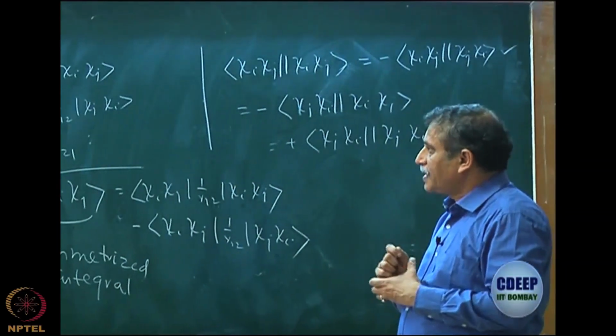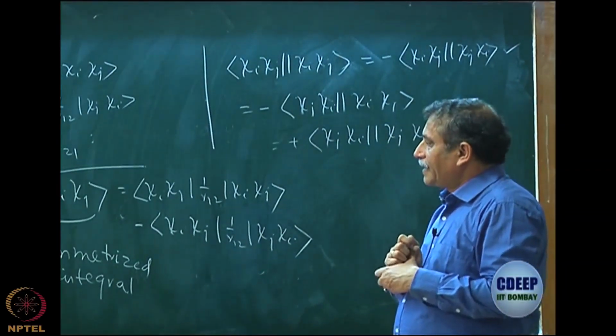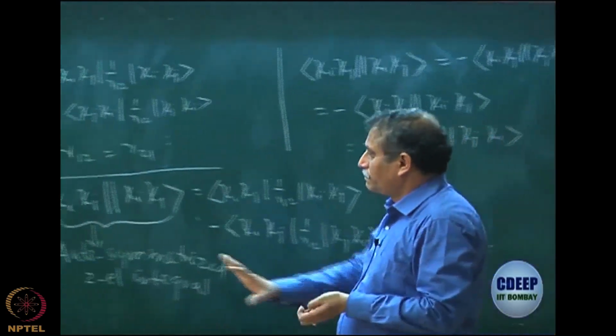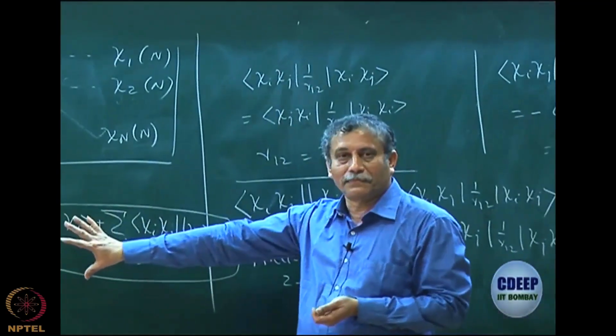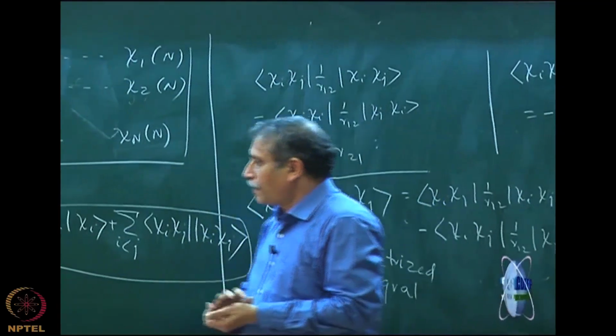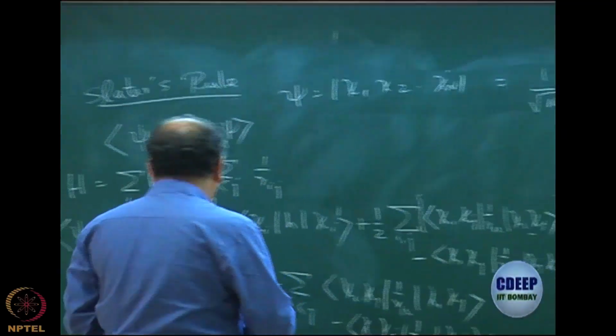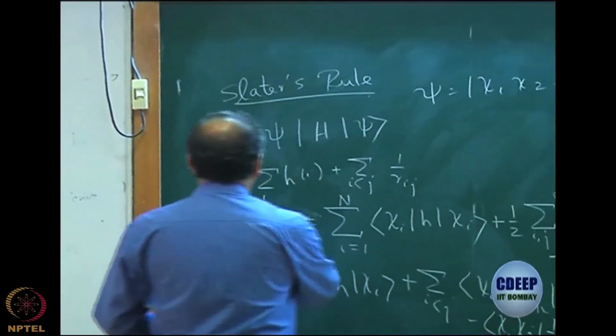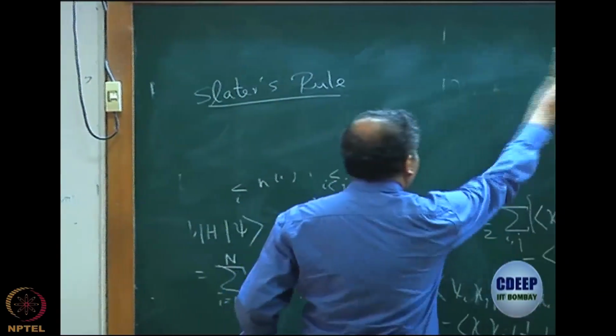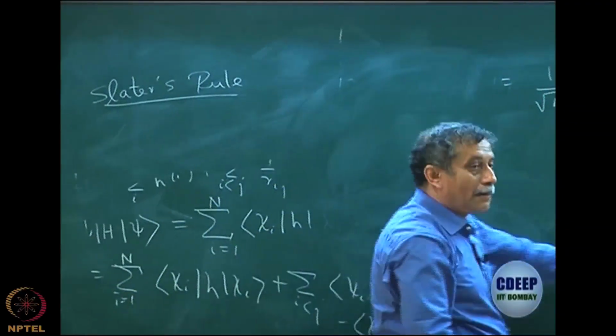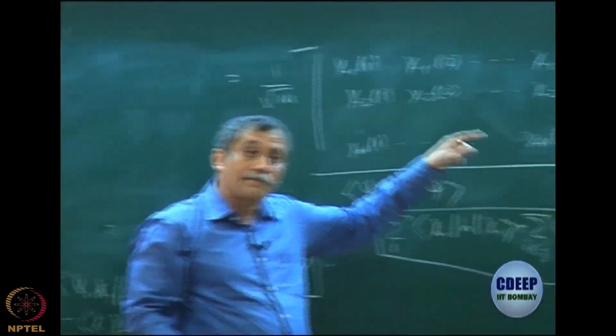So we'll take a pause here and look at this form a little bit more critically for specific determinants. Let me take some specific determinants and analyze them. This energy, whatever the chi, of course the chi's will be obtained from Hartree-Fock, after variation, as I told you.